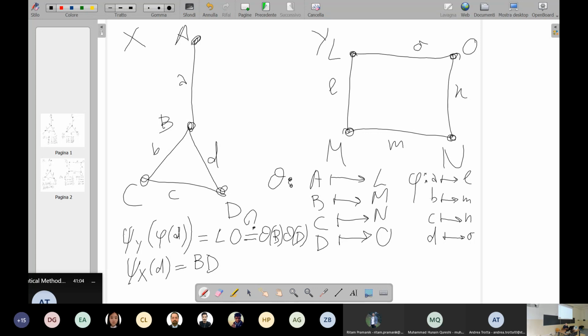No, because theta of B is M and theta of D is O. So only one is correct, okay? But theta of B is not.